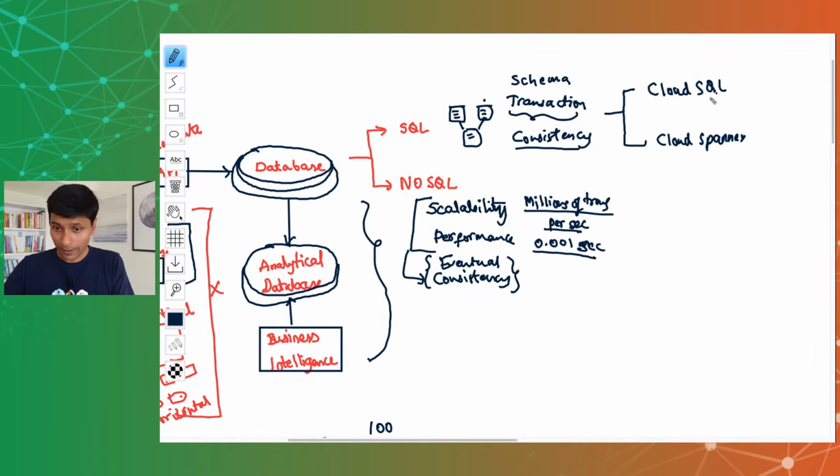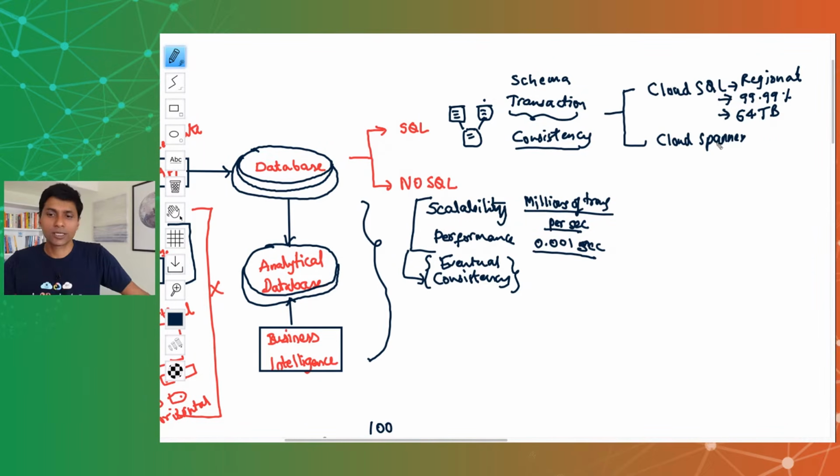If you want a regional database, so if your application runs in a single region only, or you are okay with giving lesser amount of performance for users from other regions, and you're okay with good amount of availability, 99.99% is good amount of availability, if you're okay with it, or you don't expect your data to grow beyond 64 terabytes. So that's the max that Cloud SQL supports right now, right? So if you're okay with these limitations, you can go with Cloud SQL.